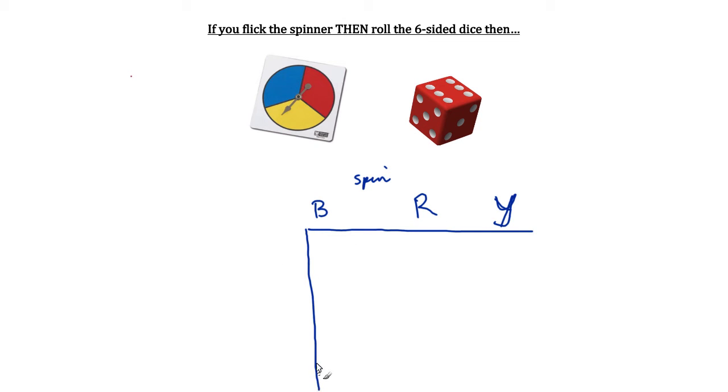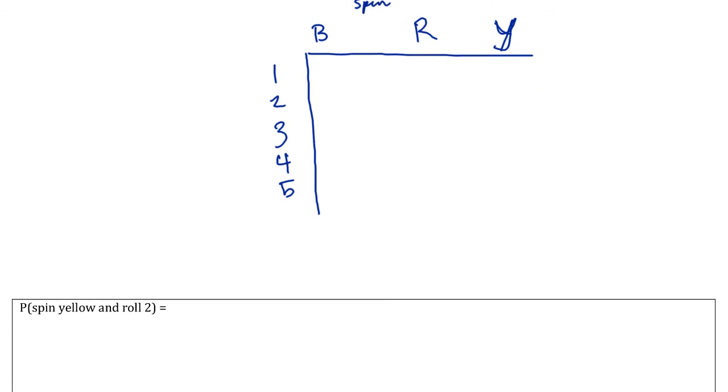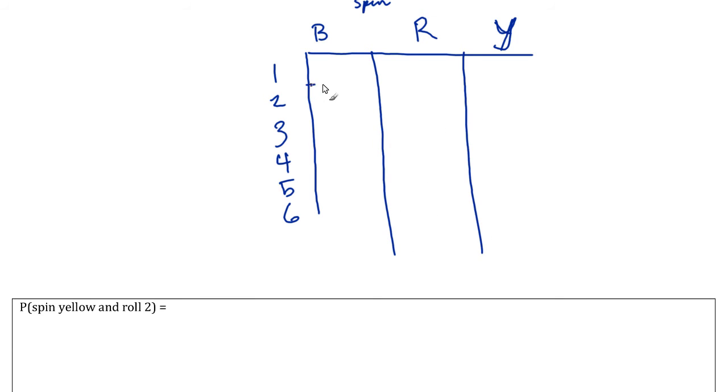And then when you roll, you can get a 1, 2, 3, 4, 5, 6.